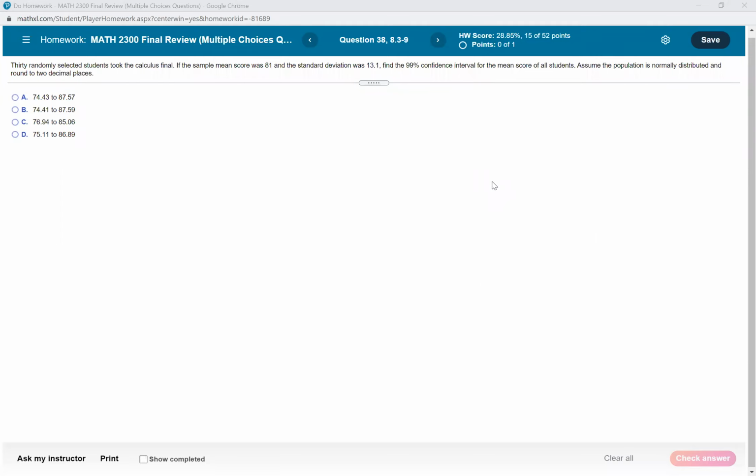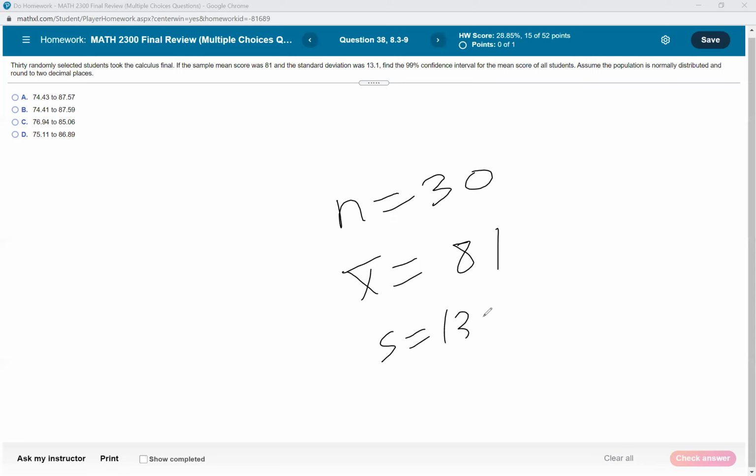So 30 randomly selected students took the calculus final. Here the sample size n is 30, the sample mean x bar is 81, and the standard deviation is 13.1. So find the 99% confidence interval.